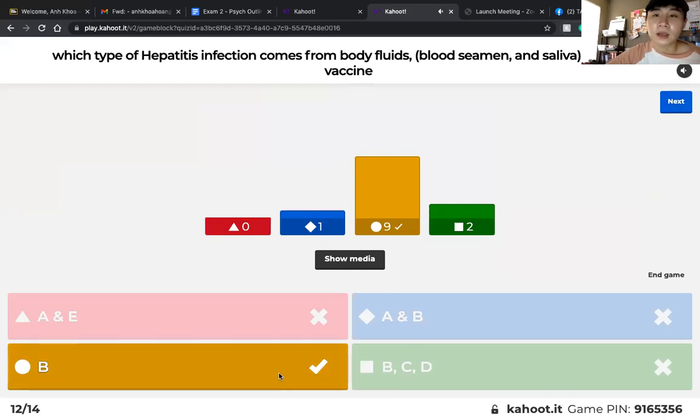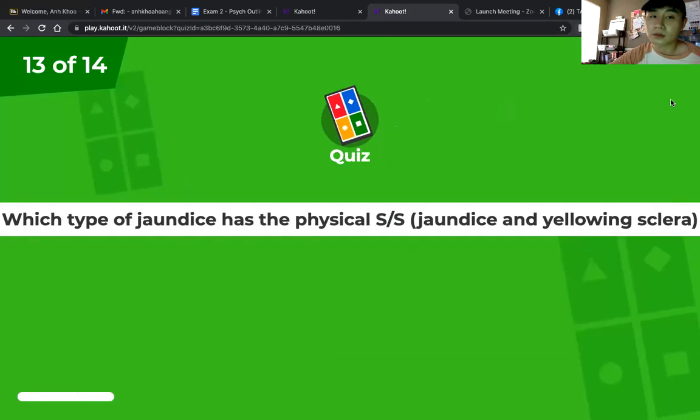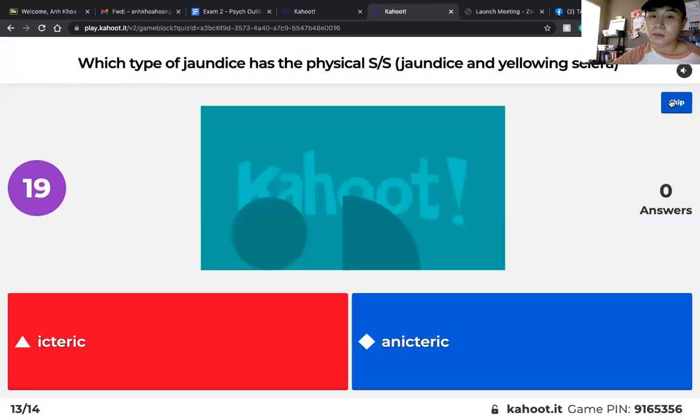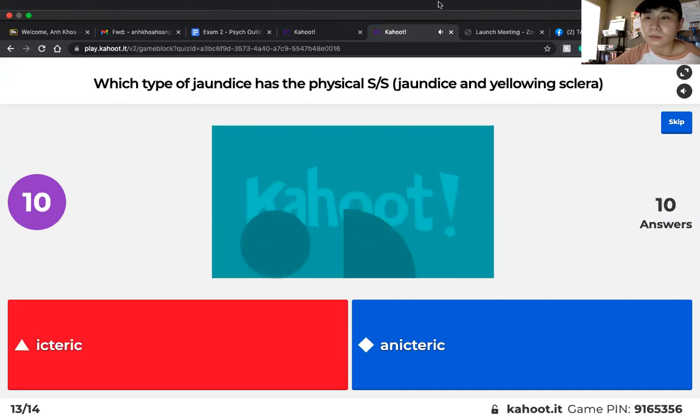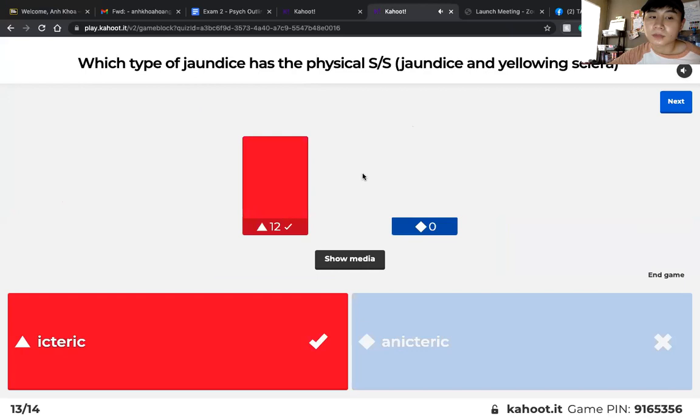So only B has a vaccine and comes from bodily fluid. Perfect, guys. Icteric.